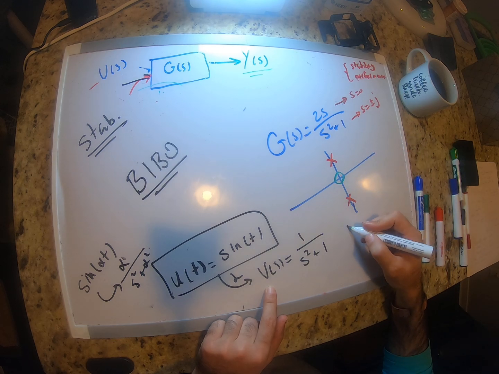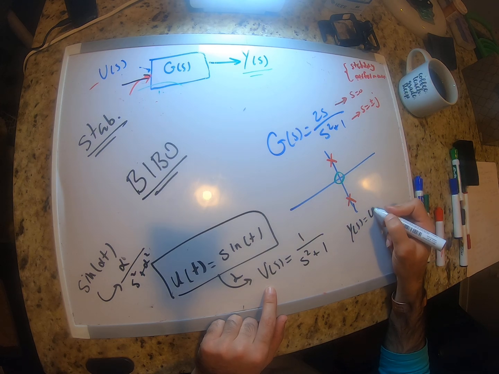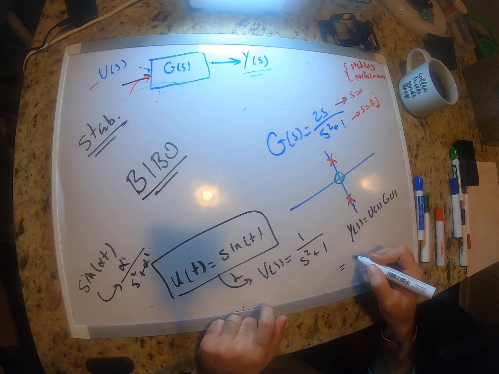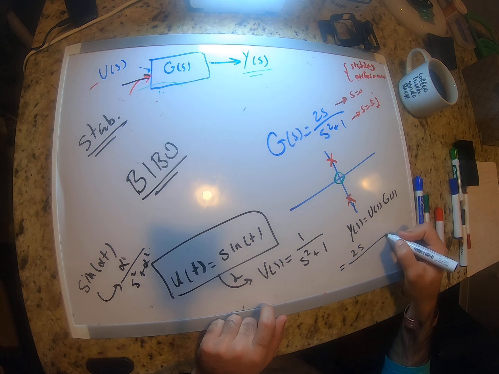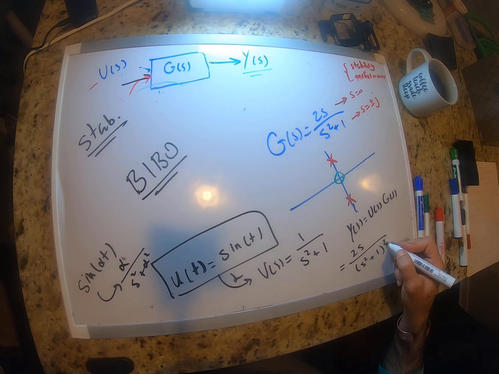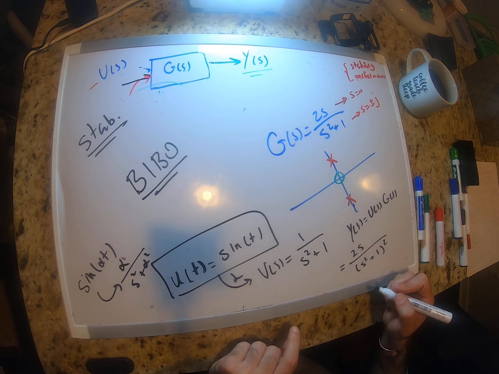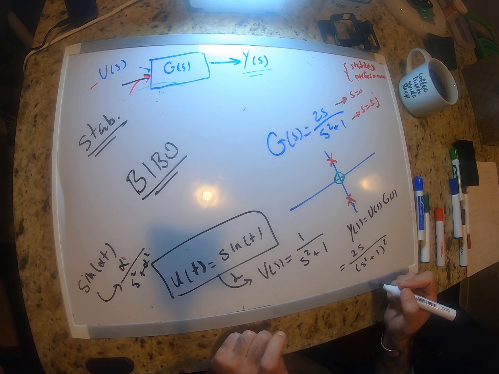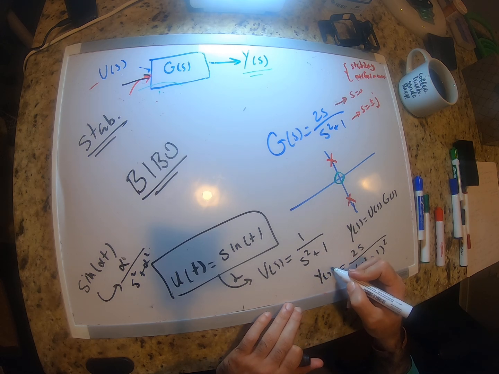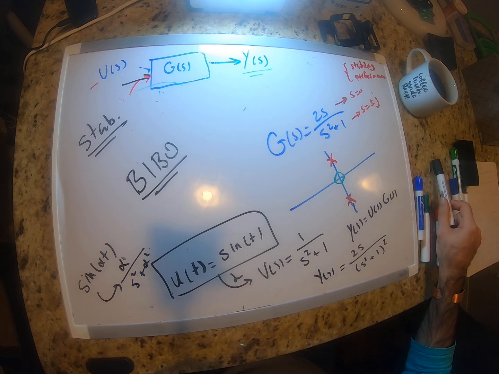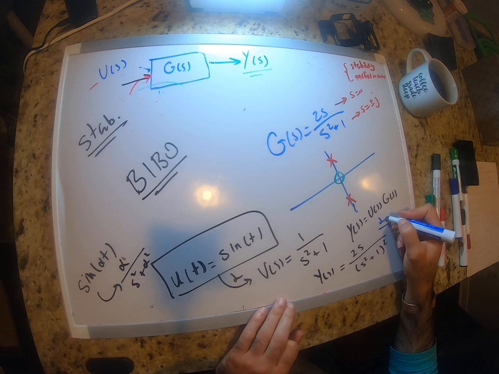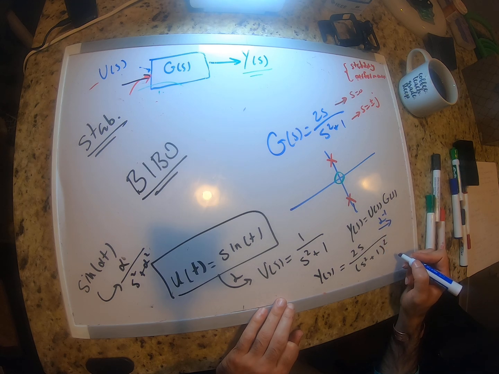So Y of s is going to be U of s times G of s, which equals 2s divided by s squared plus 1, squared. I don't expect you to be able to do this kind of inverse Laplace transform. It's not that difficult, but I'm just going to give you the answer.